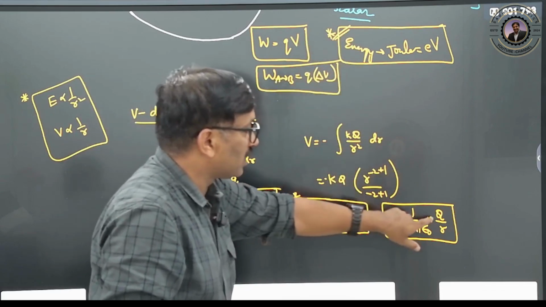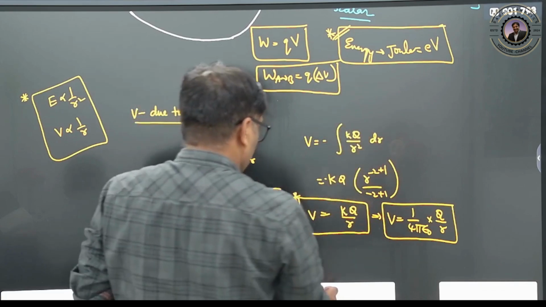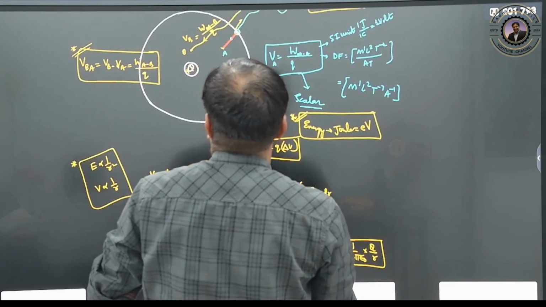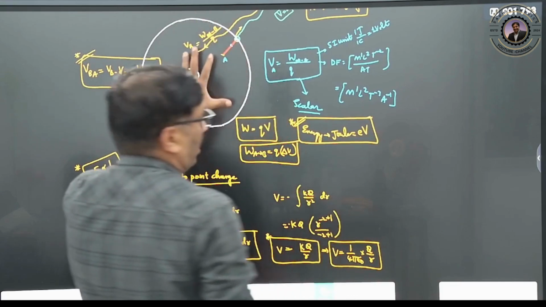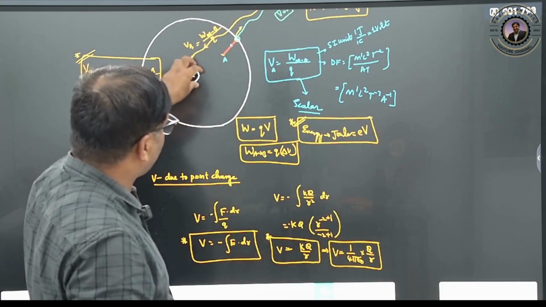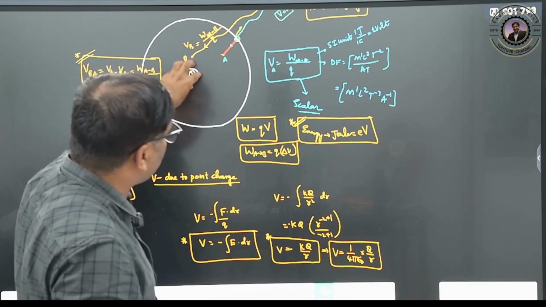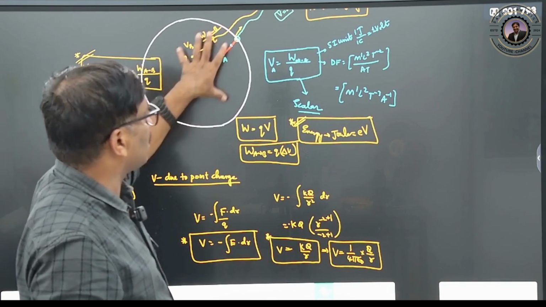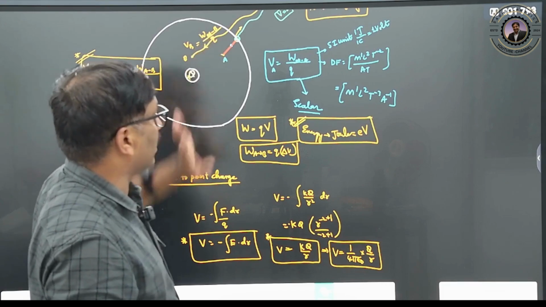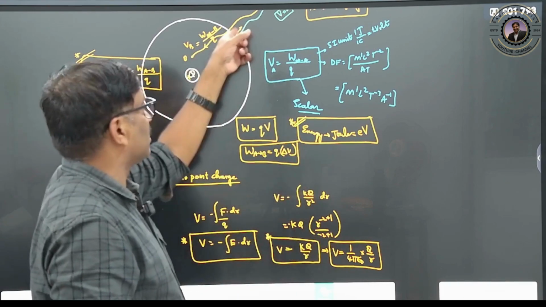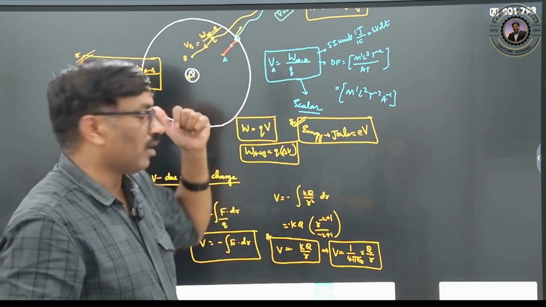This potential is created by the source charge. This charge only is creating the field, so we are calculating the potential at this point due to this charge. It does not depend on which charge you are bringing.